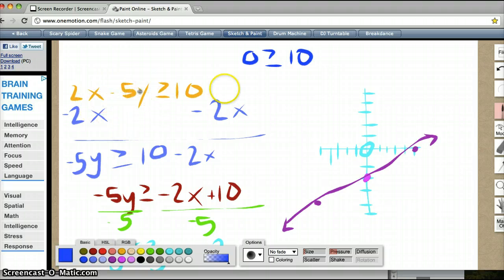So we've got 0 is greater than or equal to 10. Now 0 is not greater than or equal to 10, so this is false.